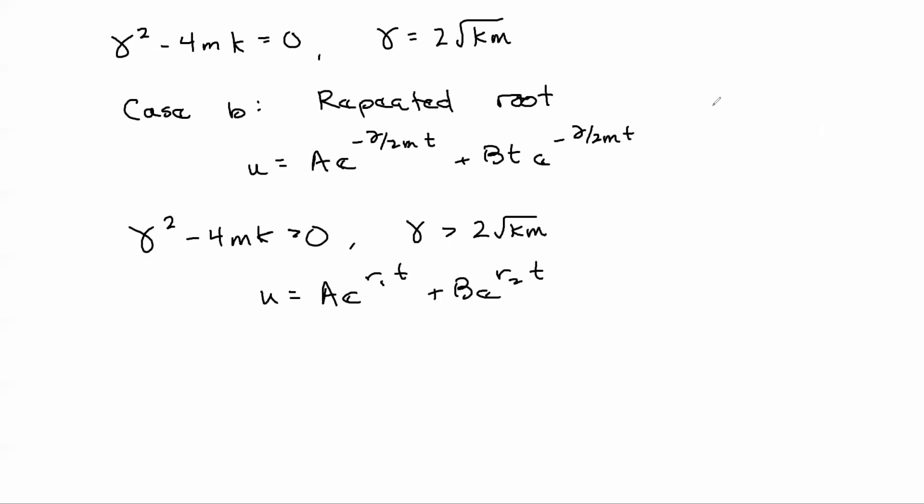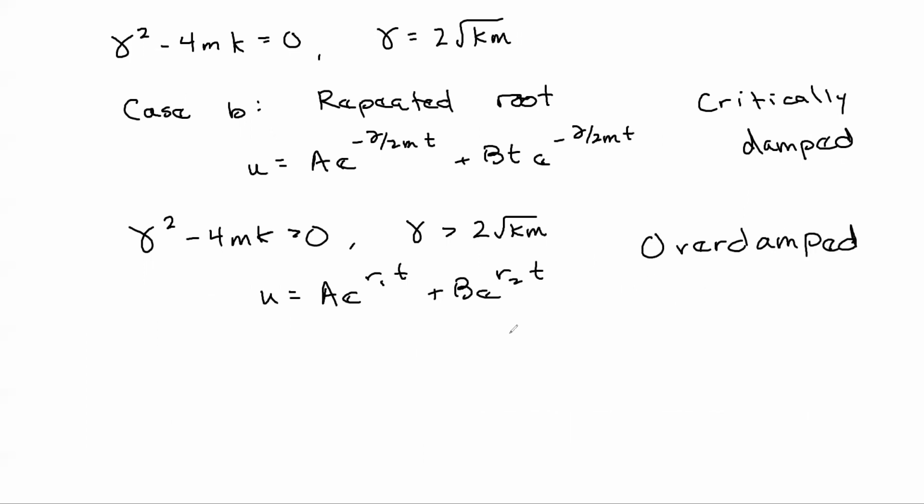This scenario is called critically damped. And if the damping continues to increase, then you get to this scenario, which is overdamped. All right, so as damping rises, you get this different behavior.